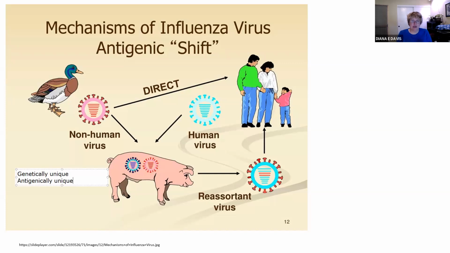Which means it has a unique combination of H and N antigens on its surface, which means your immune system's not going to recognize it. These recombinations tend to happen every few decades.